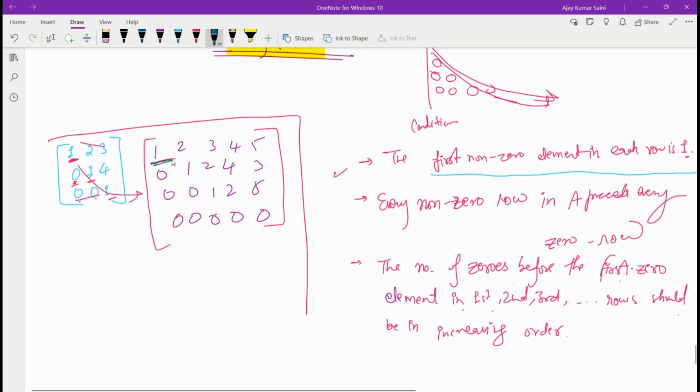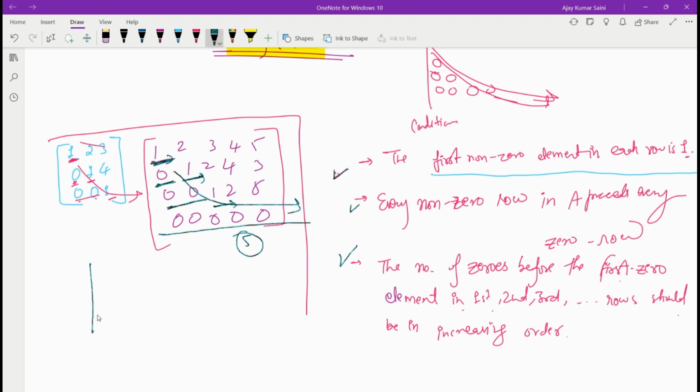In this row it starts with 1, in this row it also starts with 1, in this row it also starts with 1. So you can check the points. After that, the zeros in all rows are increasing respectively: in the first row it is 0, in the second row it is 1, in the third row 2, and in the last row the number of zeros is 5. There is no problem.